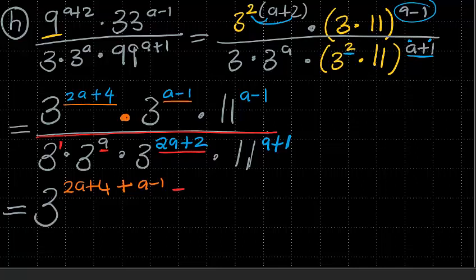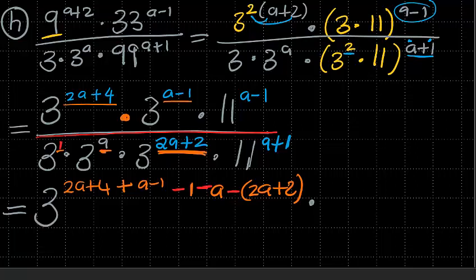So minus, the first one we're going to subtract is going to be the 1, so minus 1. And then minus this a, and then minus 2a plus 2. So 2a plus 2 in brackets. That is the 3's. All the 3's are counted for.